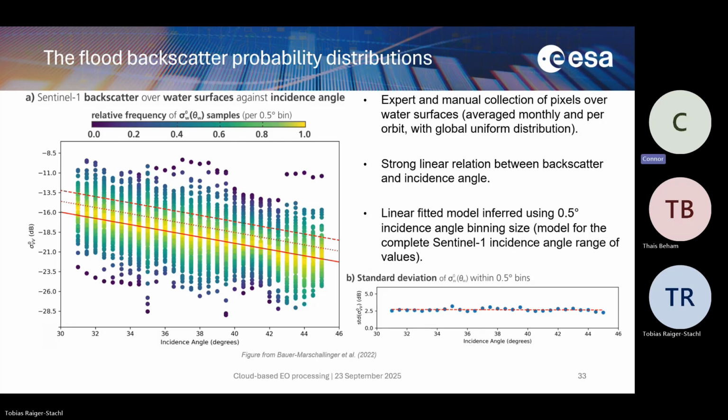You might know that. As you can see, there is a very strong linear relation between backscatter and incidence angle. So we derived this linear fit model. Now we know exactly what the value of water should be all over the world based on different incidence angles. And this is also the standard deviation for each of the 0.5 degree incidence angle beams, which is pretty stable, around 2.5.